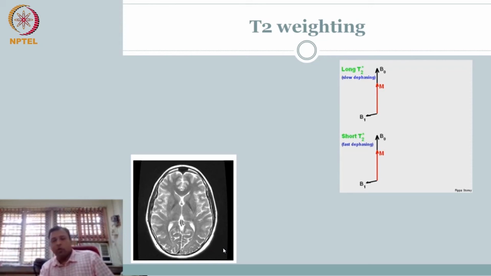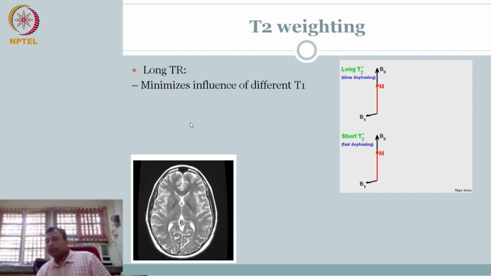So I will allow all of them to go back to equilibrium. So here I will use a long TR. If I use a long TR, I will minimize the influence of T1. Correct? That is what we saw even in the proton density. So minimize the influence of different T1 by waiting for a long time.